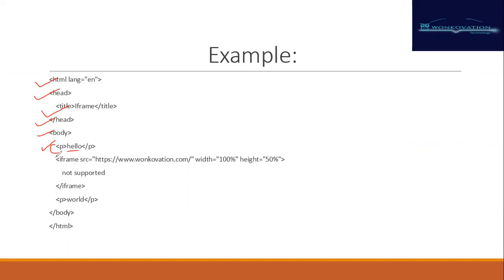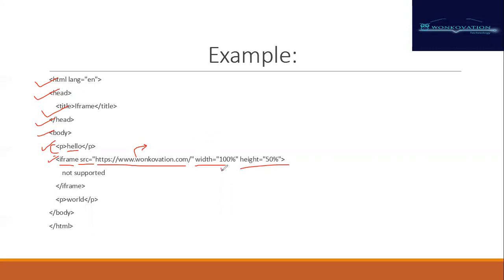Now we have used the iframe, and in the iframe tag I have used the src attribute, where I put the Wonkovision URL. It will show the inline frame of the Wonkovision website inside my document. Then I have set its width and height.